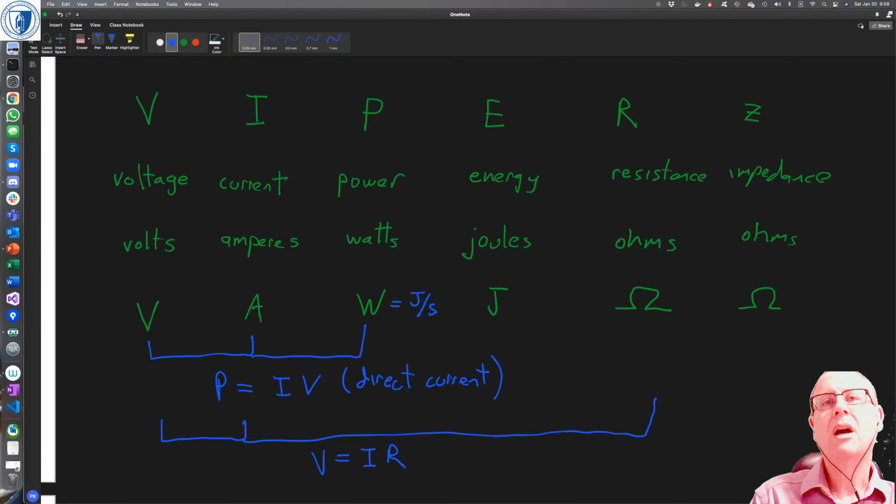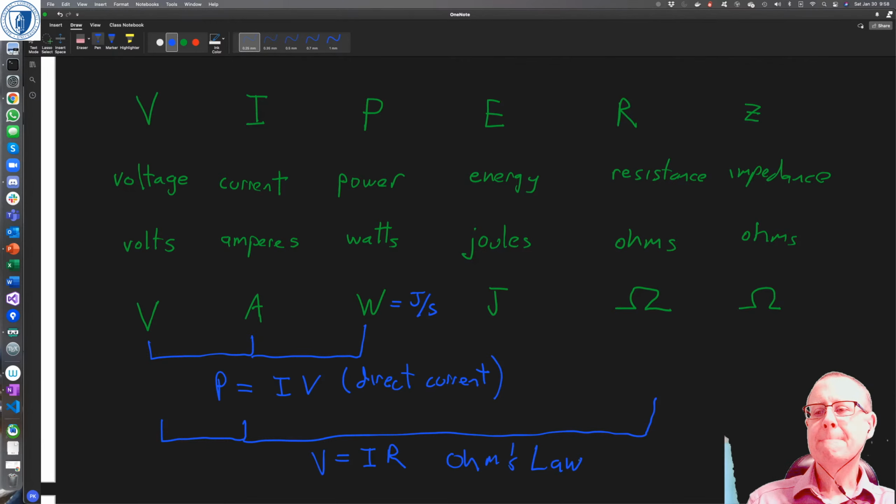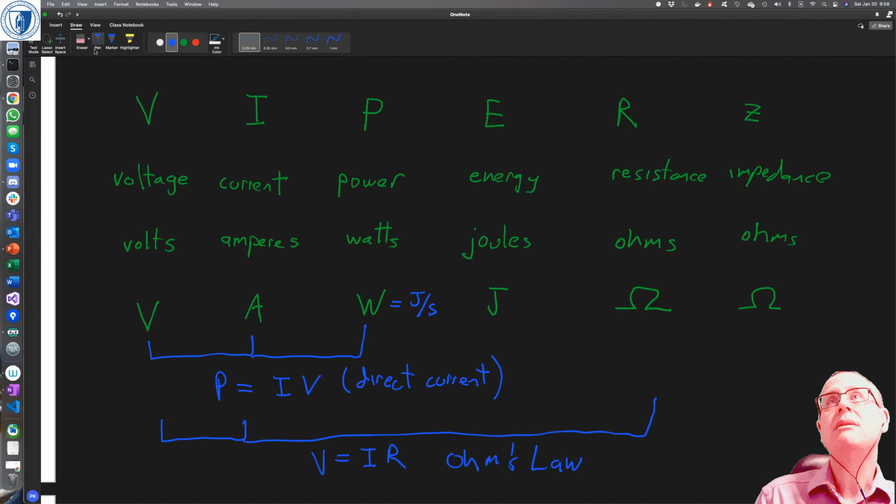V equals IR. The voltage is equal to the current times the resistance. Now there are a couple of other things that I haven't mentioned that we do talk about in the course.